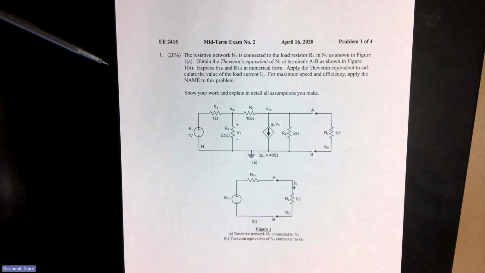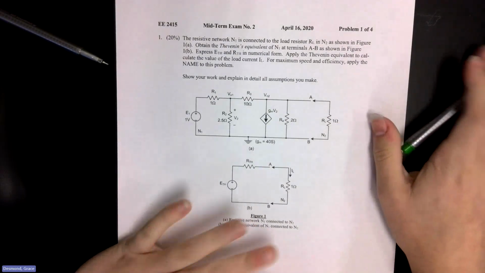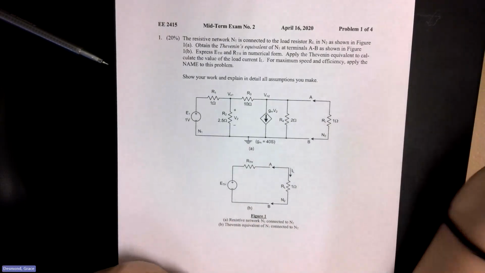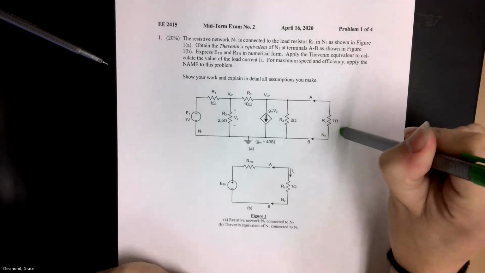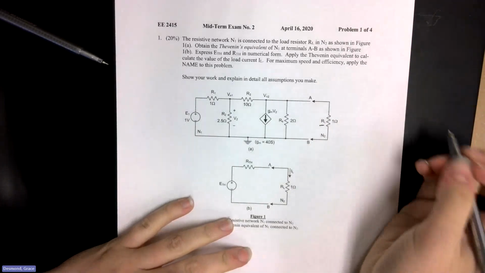Okay, so here's our question. We're pretty much just going to go through spring of 2020's second exam. I normally pick problems from random places, but I actually liked this entire second exam and it was pretty relevant. So we have our network, which is connected to this load resistor of RL.